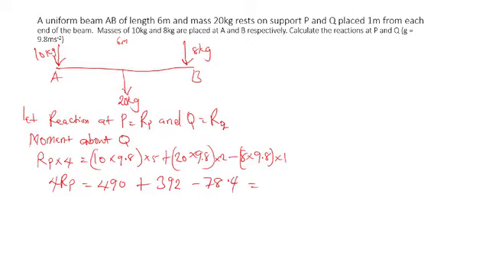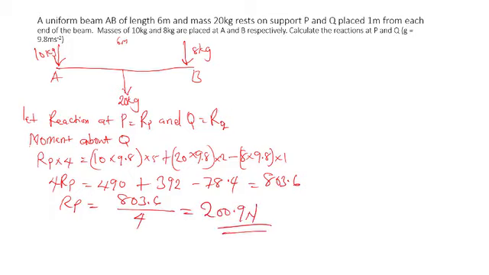So the value here is 803.6. Then RP, the reaction at P, is 803.6 divided by 4. So RP is 200.9 Newton. That's for this.